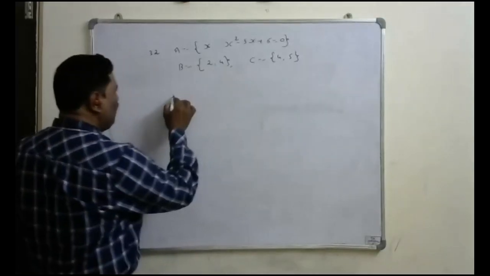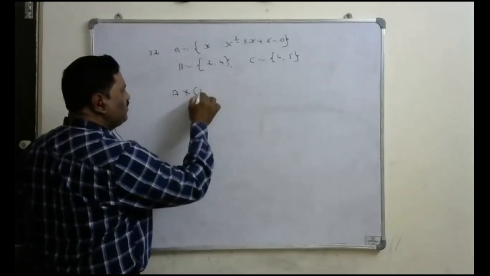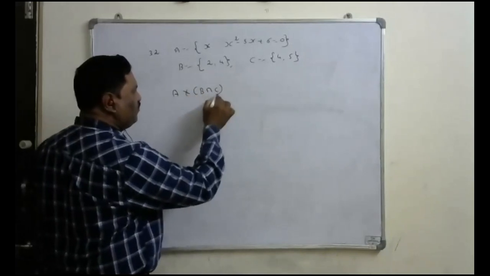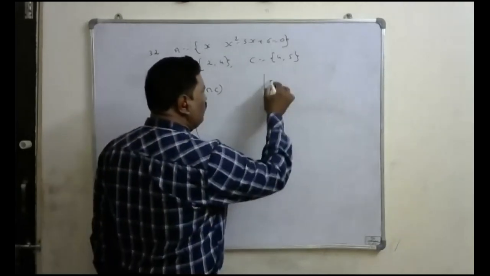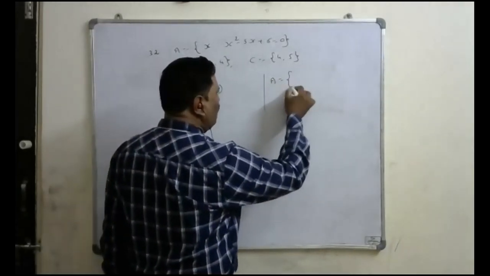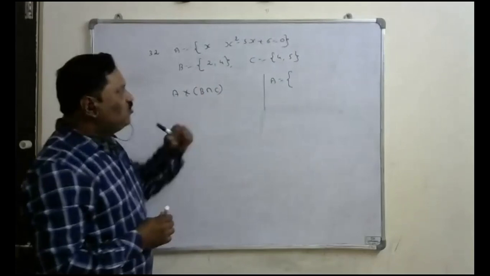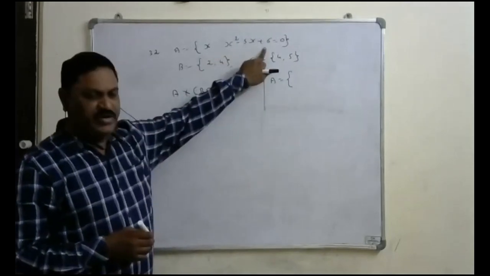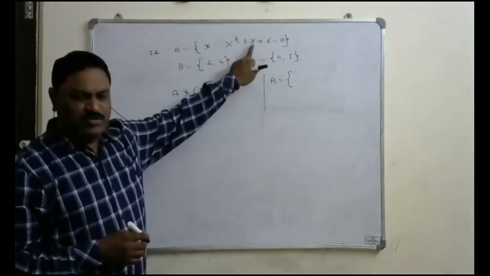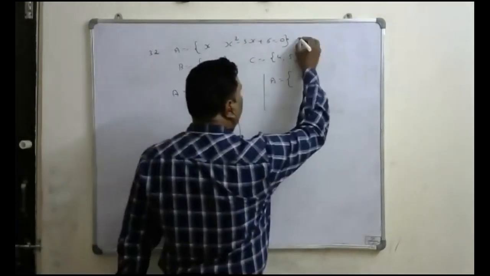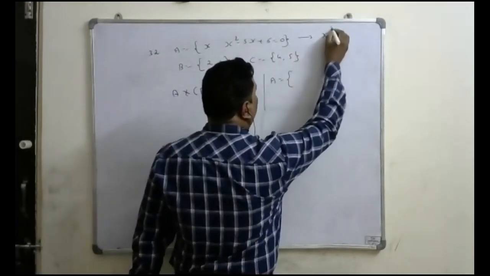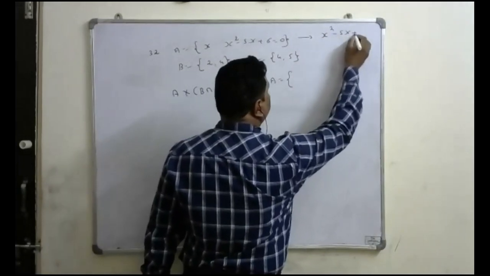Look at this. A cross B intersection C, we have to find it. First, what is the set A? Set A represents the roots of this equation. What are the roots of this equation? x square minus 5x plus 6 equal to 0.